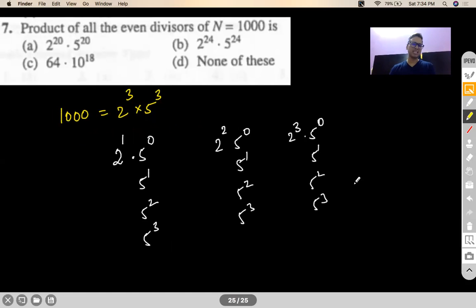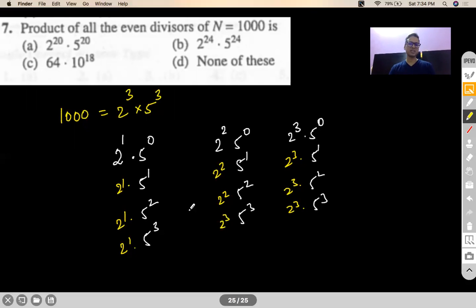Now if you multiply them all, what do you get? I'm just writing it down, but we'll figure out the shorter way to do it through the formula. See here, you're multiplying all these terms together.